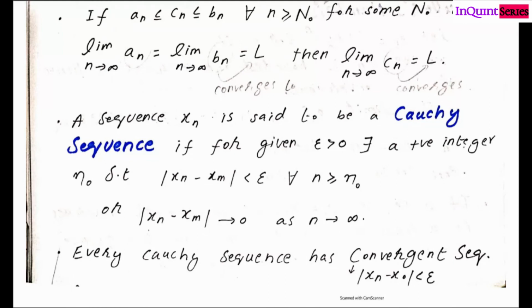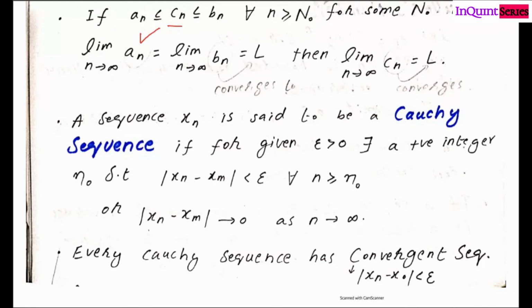Our next theorem is the Sequence theorem. That is, if an is less than or equal to cn is less than or equal to bn for all n greater than or equal to some n naught, and the limit as n approaches infinity of an is equal to the limit as n approaches infinity of bn is equal to l, then the limit as n approaches infinity of cn is equal to l.